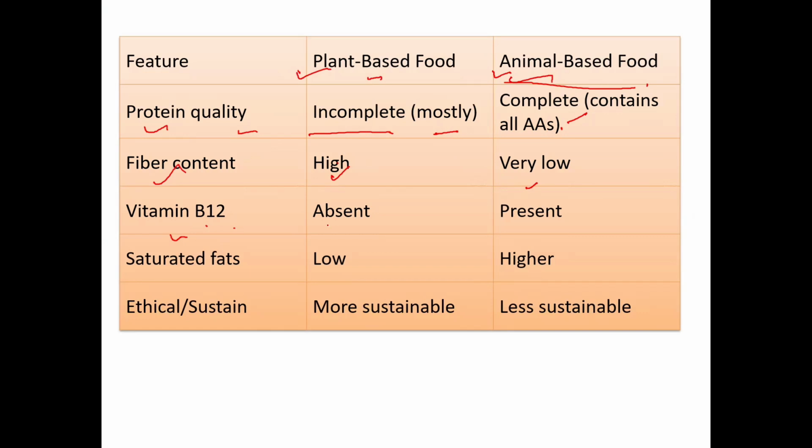Vitamin B12 is absent in plants but present in animals. Saturated fat is low in plant-based food but higher in animal food. Plant-based food is more sustainable, whereas animal food is less sustainable because we kill living organisms to get meat.